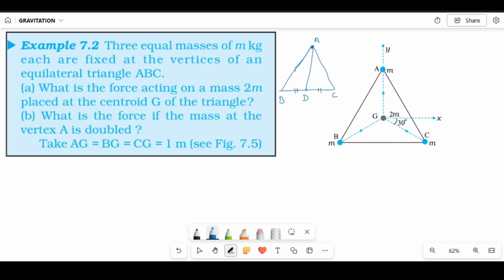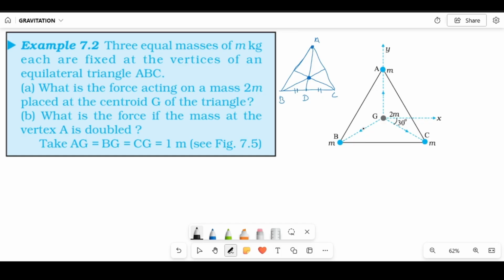Okay, so there are three such medians, and the point of intersection of these three medians is known as the centroid. Okay, now moving to the next part. We have to find the net force. Okay, look, one thing: if you are very familiar with vector addition, you can easily say that this is a very symmetric setup.